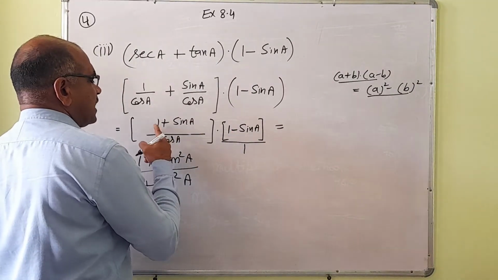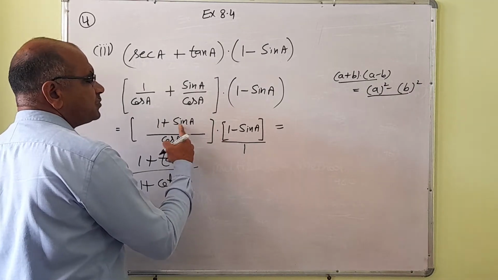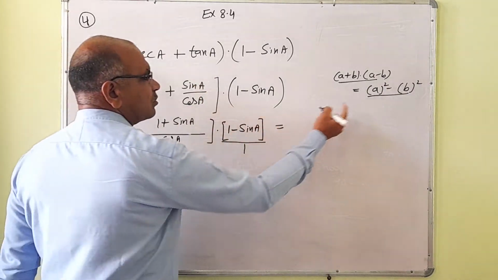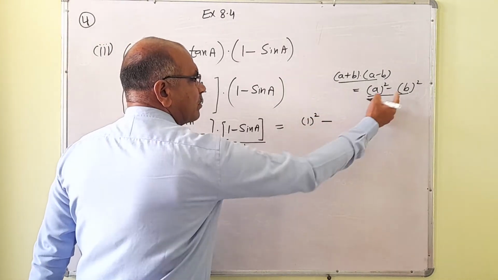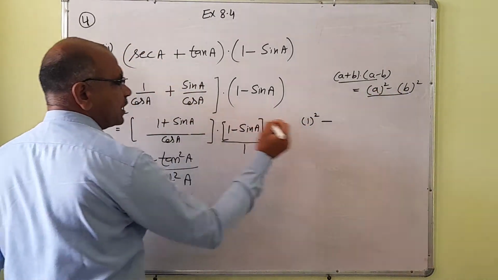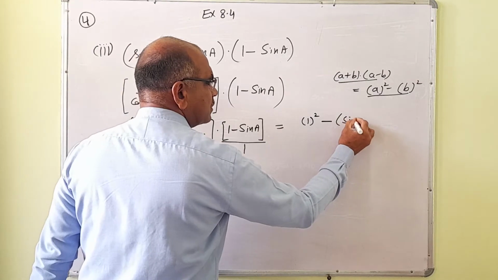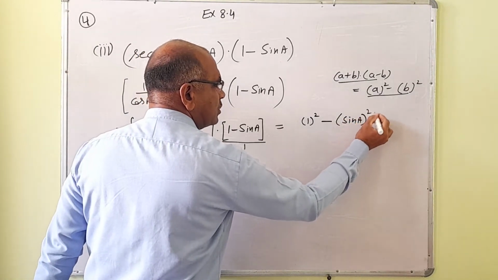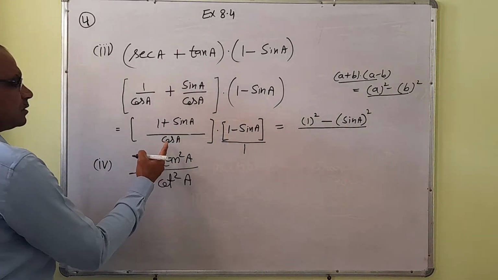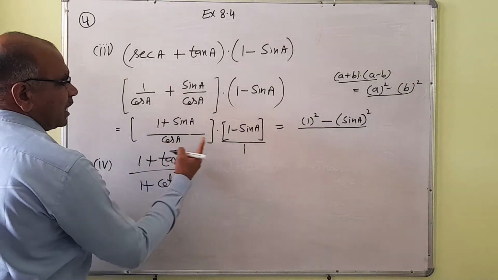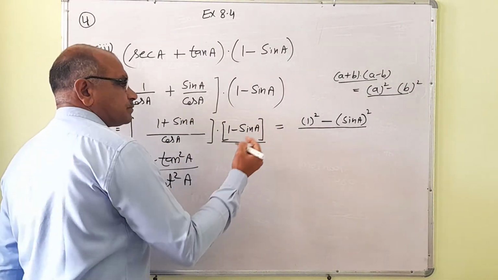In this case, a is 1 and b is sin A. A is 1, 1 is squared, minus b, which is sin A, and the whole squared. The denominator gives cos A into 1.